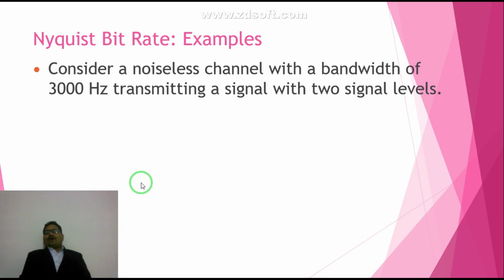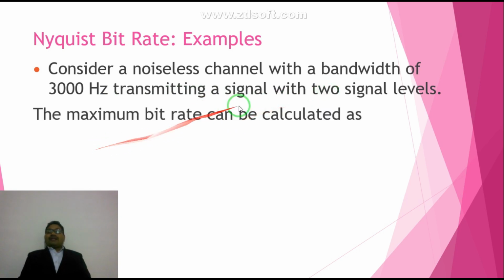Now we will look at example numericals on Nyquist bit rate and Shannon capacity. Consider a noiseless channel with a bandwidth of 3000 Hz transmitting a signal with two signal levels, meaning 0 and 1. What could be the maximum bit rate?